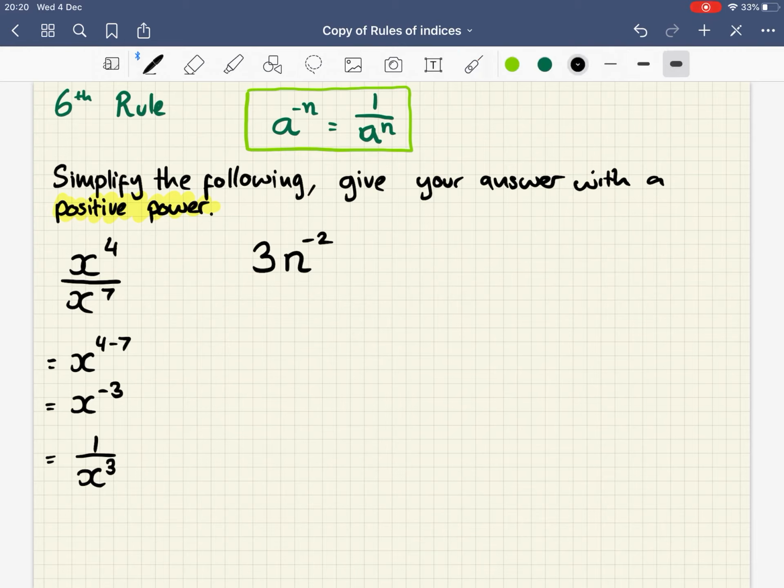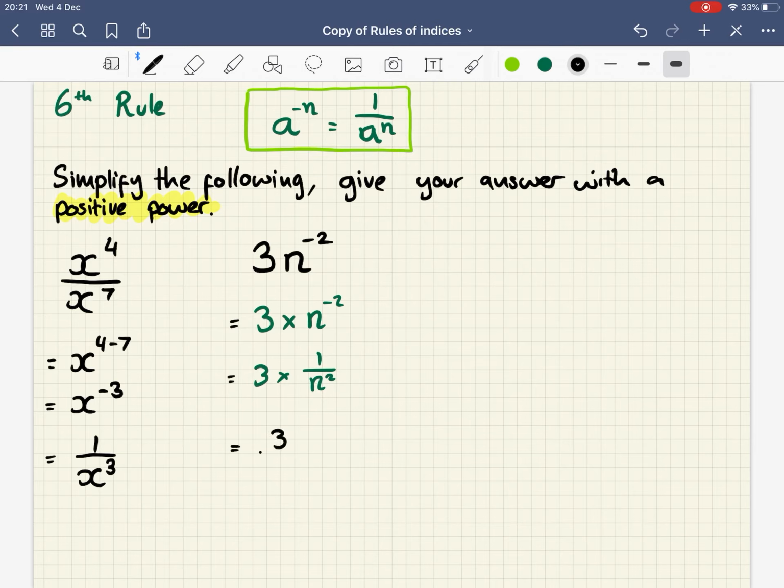So that means we have 3 times, again, that n minus 2. So that'll be 3 times, actually, I'm going to keep it in green because this stuff here isn't actually needed in your working. So 3 times 1 over n to the power of 2, or n squared even.